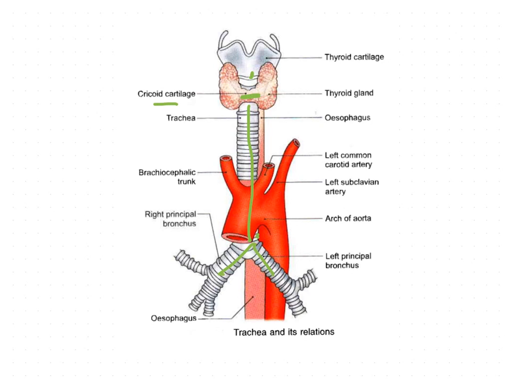This is the extent of the trachea. Coming to its length, it is about 11 to 12 centimeters, in inches about 4 to 6 inches, and its external diameter measures about 2 centimeters in males and 1.5 centimeters in females.